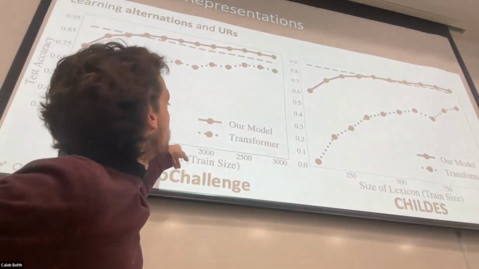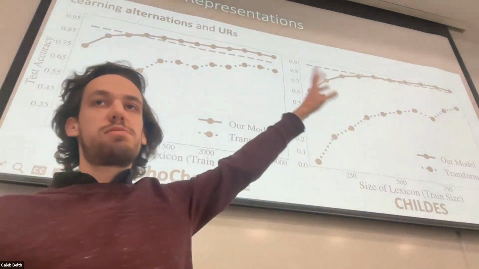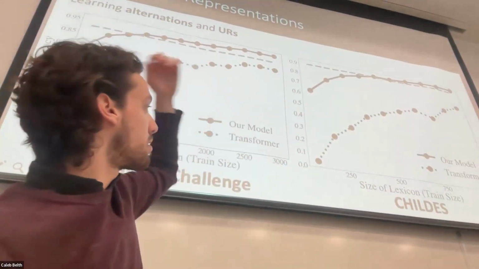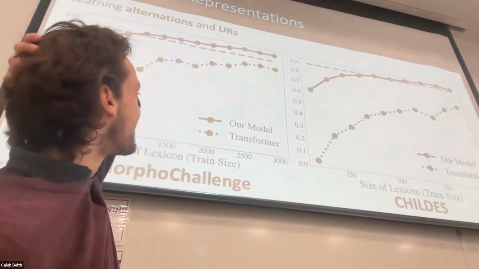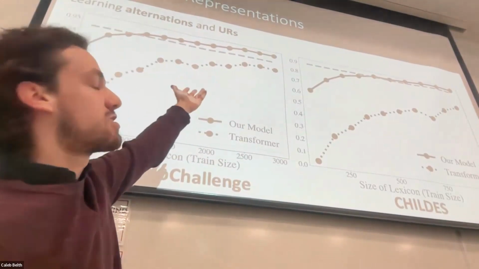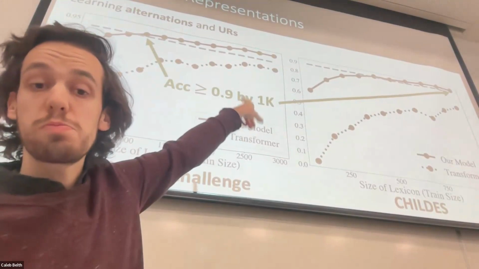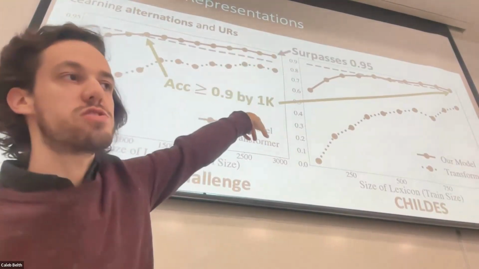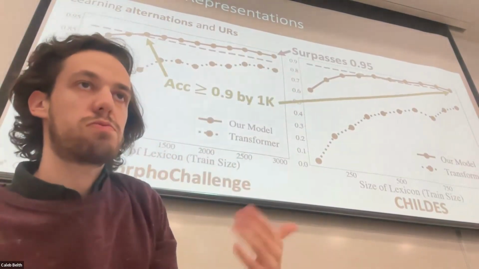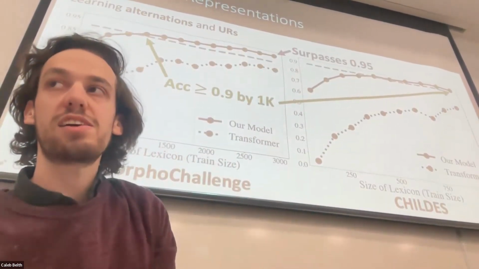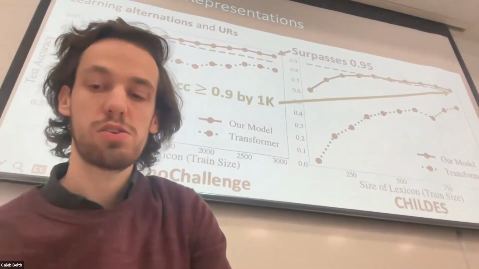And then just for fun, I decided to run a transformer as a comparison model. This is a neural sequence to sequence model, and it wasn't as good, so I liked that. So that just shows, first of all, there was at least 90% accuracy predicting novel held out forms by 1,000 words, and it eventually surpasses 95% accuracy. Okay, so putting these pieces together does in fact lead to accurate prediction of words that weren't seen during learning.